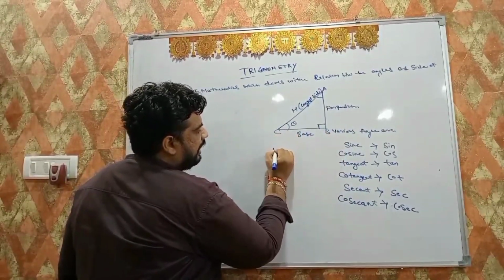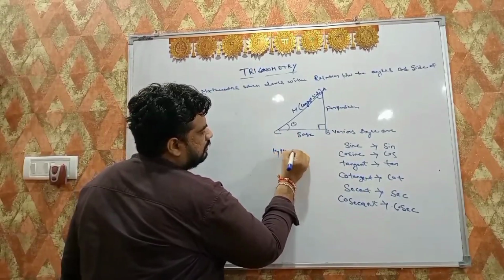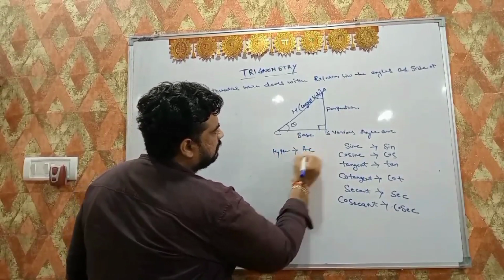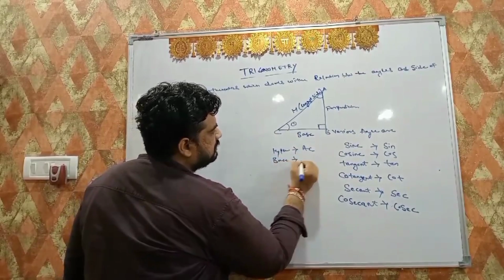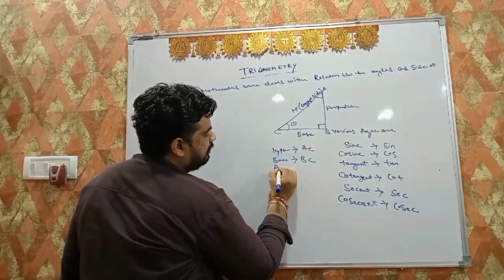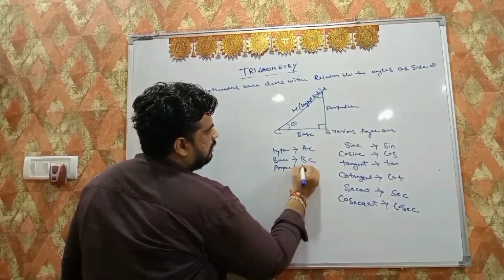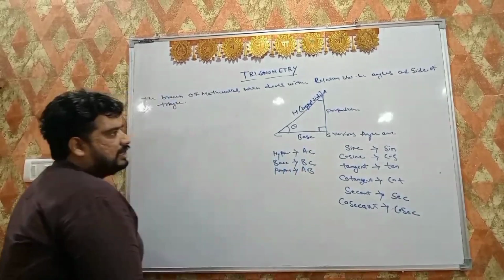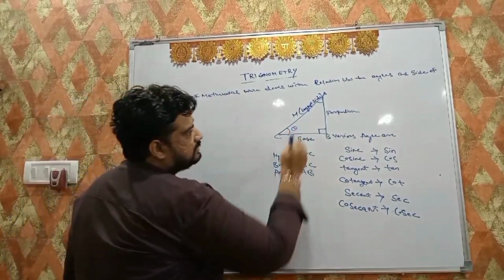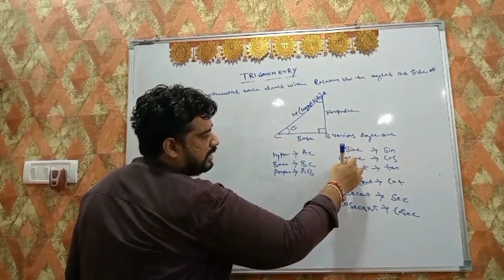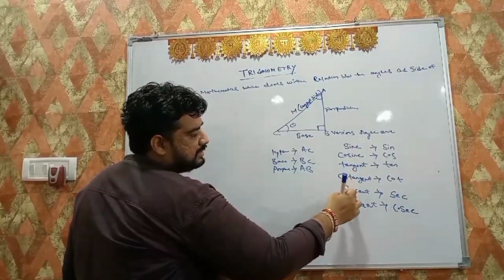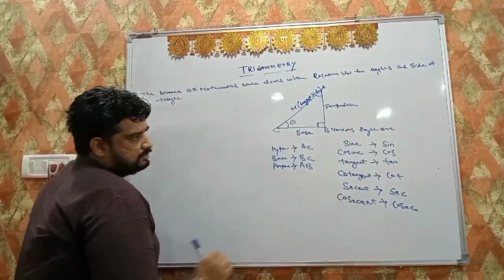Here the hypotenuse is AC, the base is BC and the perpendicular is AB.